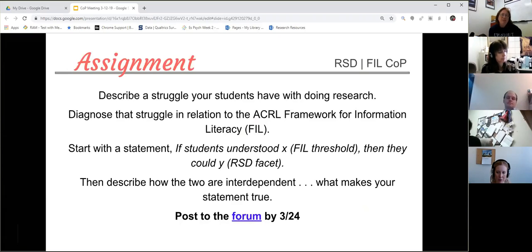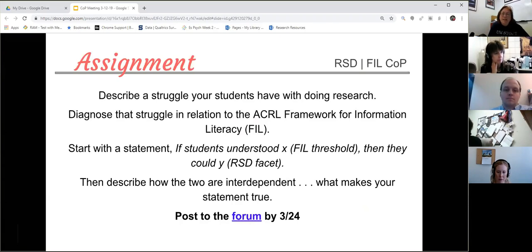And you can think about starting with this statement: if students understood what in the framework for information literacy, then they could do what in the RSD facet. So you're trying to connect the framework for information literacy and the RSD facets.